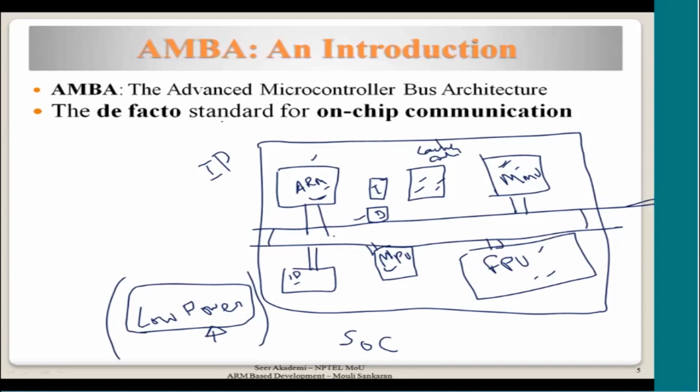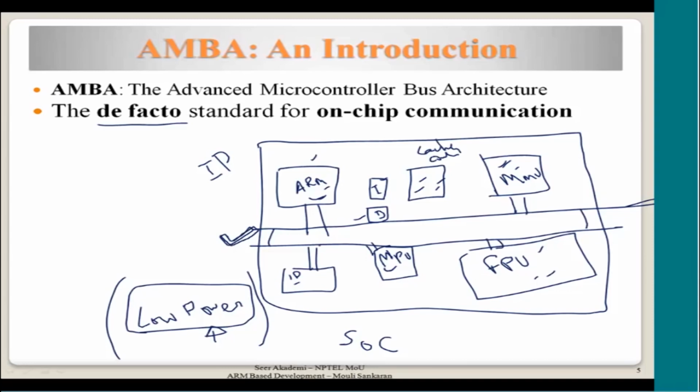So this bus architecture was a de facto standard. What does it mean? It was originally designed for the use of ARM only, and it was later on made as an open standard.